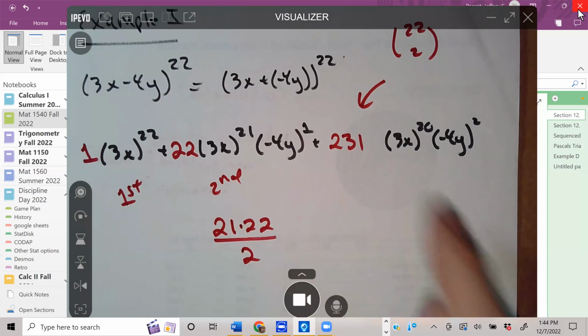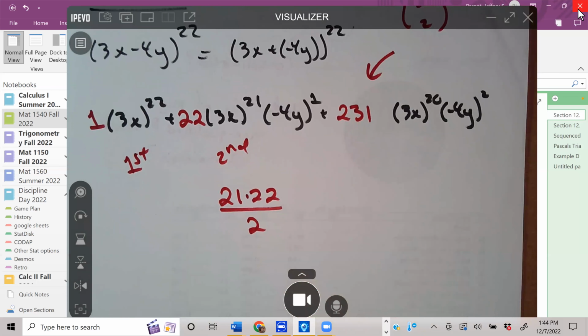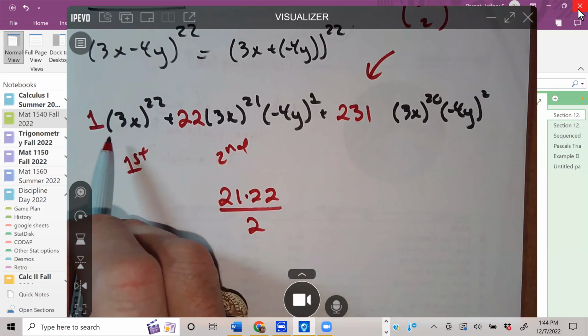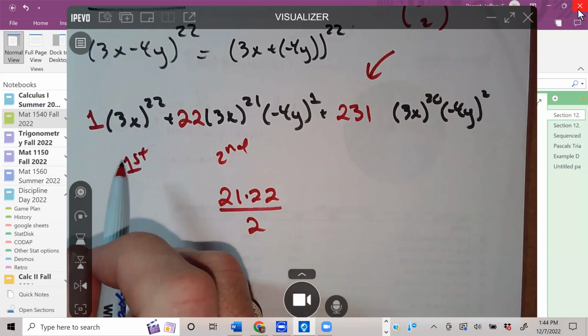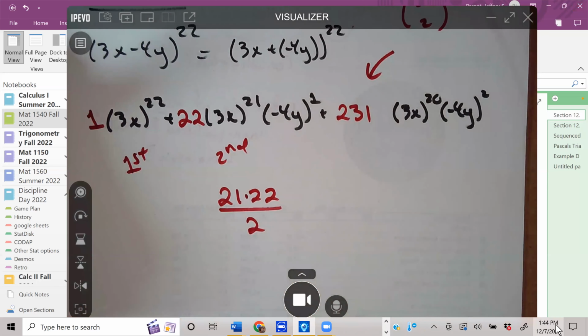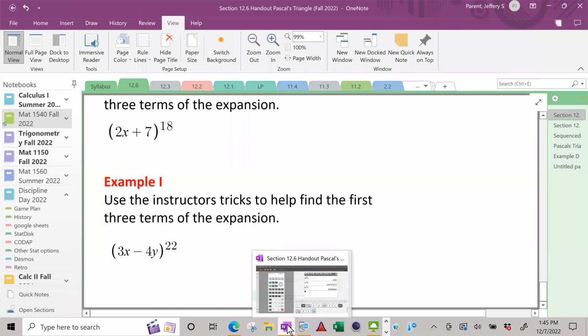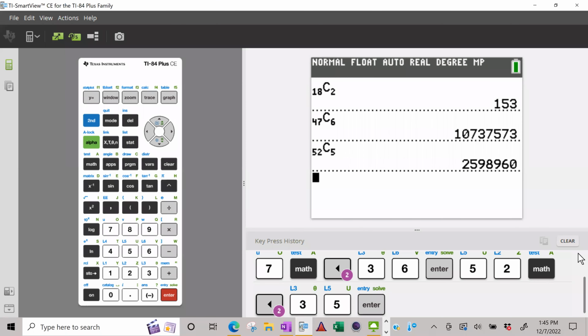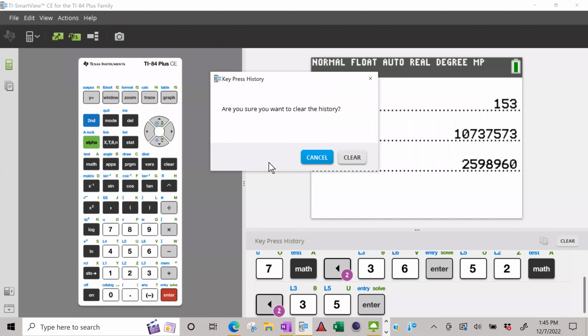Now, to finish this off the rest of the way, you might need to calculate 3 to the 22nd power on your calculator. I'm not sure what WebAssign is going to be asking you. So that's going to be pretty big. Let's see here. Let's clear that.